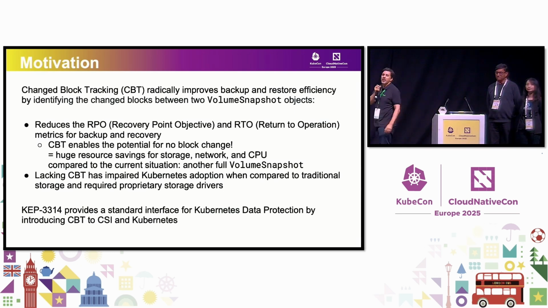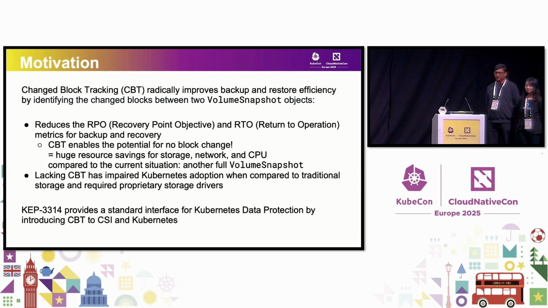So change block tracking is what everybody expects when it comes to Kubernetes and cloud-native storage and applications. However, it is a lacking feature. When we compare to traditional storage, how do you get the difference between any two volume snapshots? Well, you need to take another full backup, but everybody else in the traditional VM and bare metal world already has this.